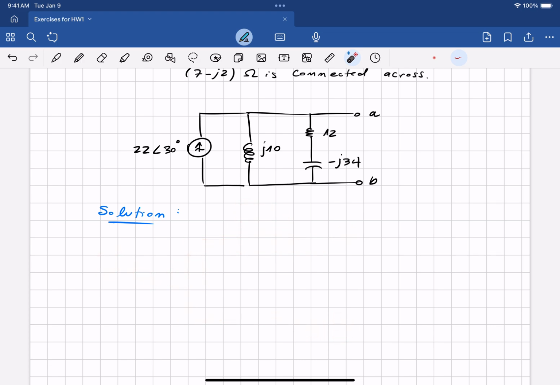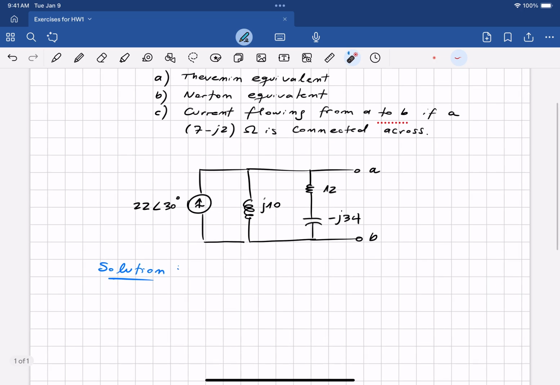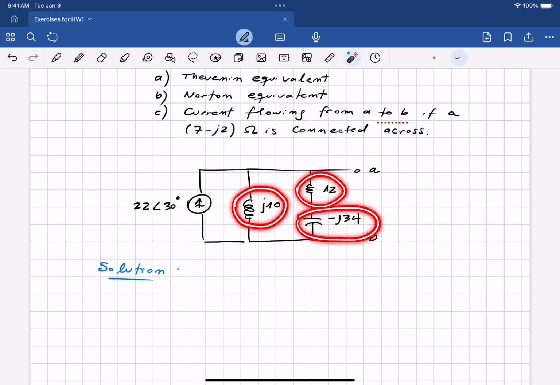One thing that I want to give you as a good practice here is that all of these elements now can be known as impedances, as boxes that can be combined in series or in parallel depending on the connection.